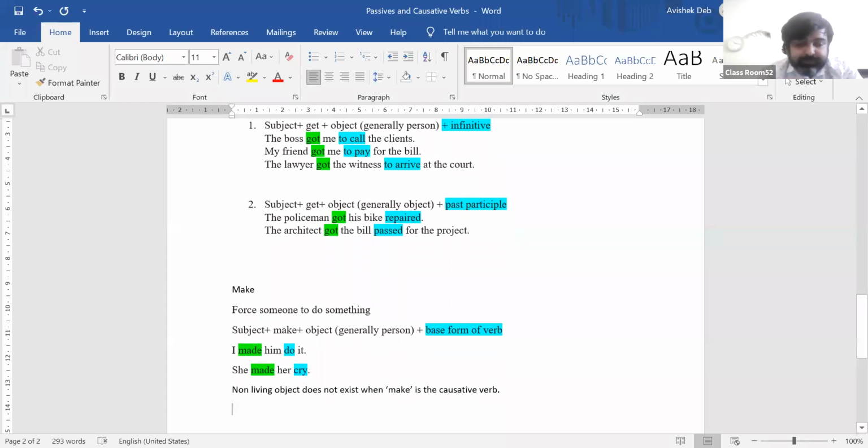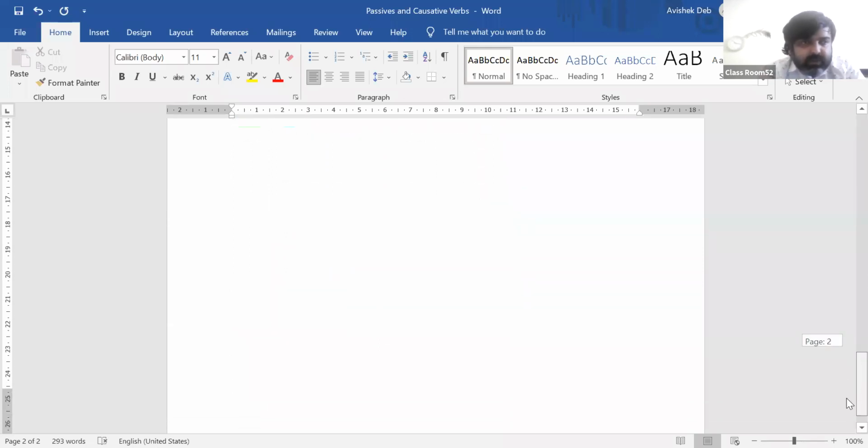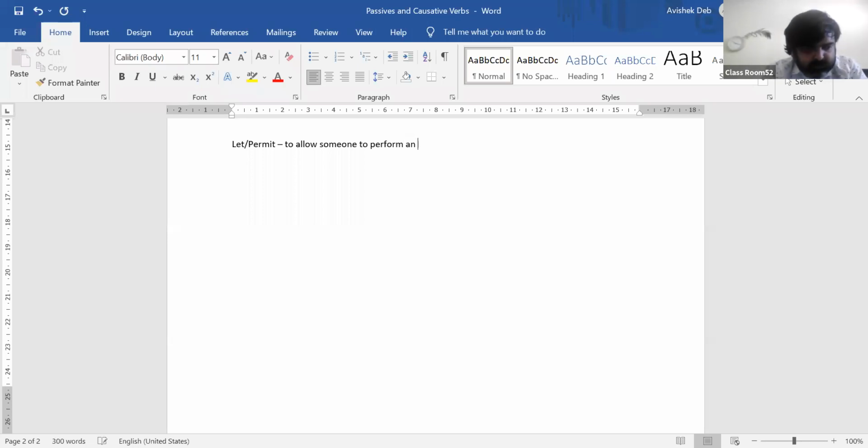Now coming to the next verb, which is let, permit, to allow someone. This is pretty simple.